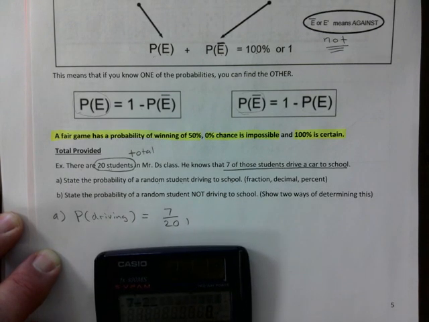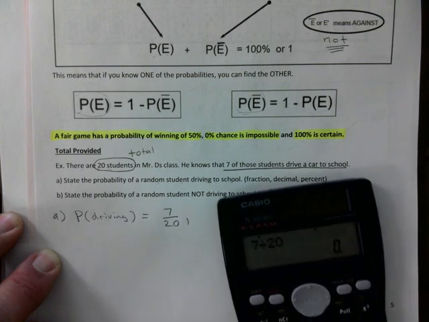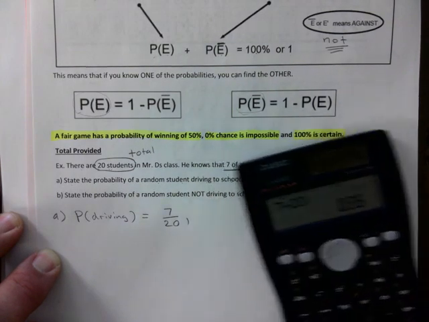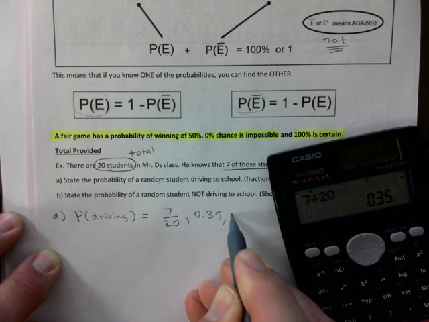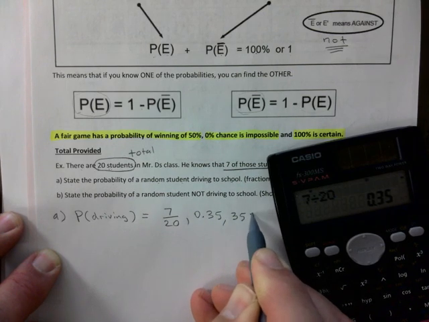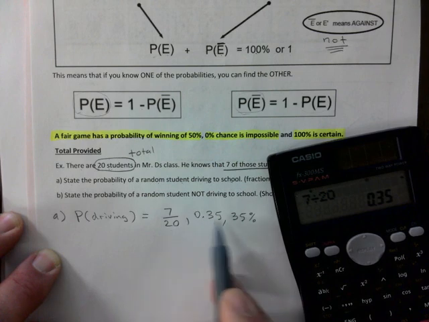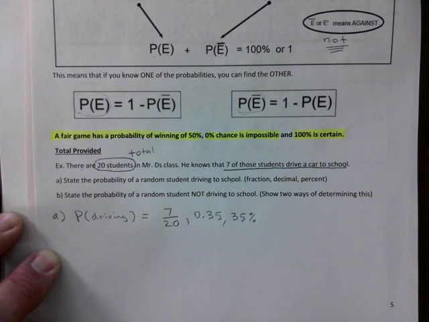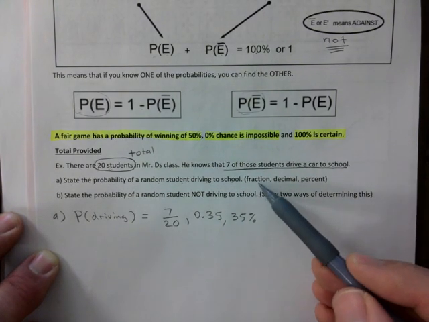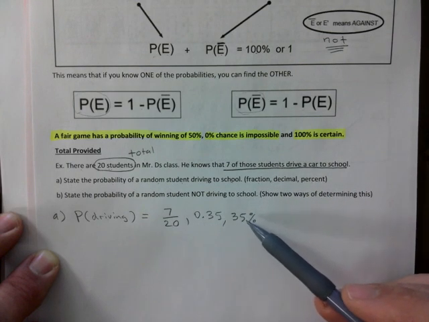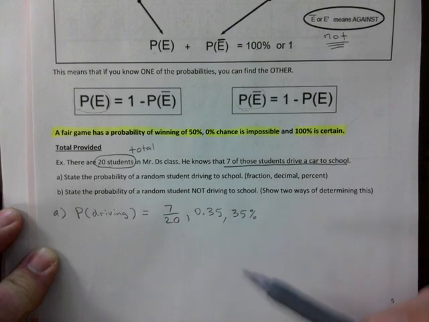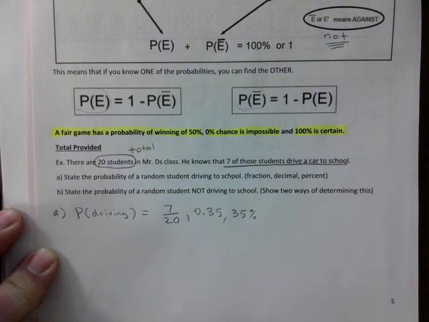So 7 divided by 20, I'm going to use my calculator. That's 0.35, or 35%. Yes, I separate them by a comma if I'm asked to state it in all 3 formats. See how it says here, fraction, decimal, percent? Don't put equals, equals, equals, because quite often it is not. You're rounding, okay?